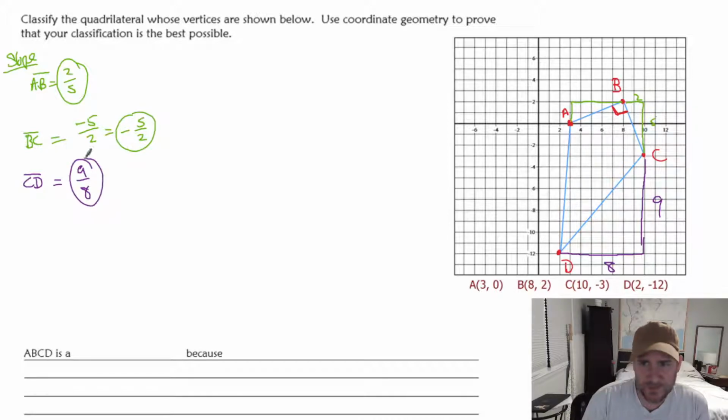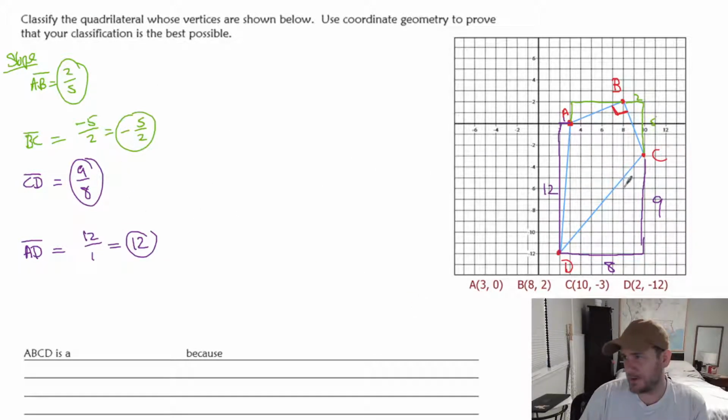And that can't be reduced, so you're done. And then finally AD. To get from D all the way up to A, we're rising 12 units, and we're running only 1 unit. So it's a rise of 12, run of 1, which is just 12. So there's all your slopes, and none of them are the same, so nobody's parallel.